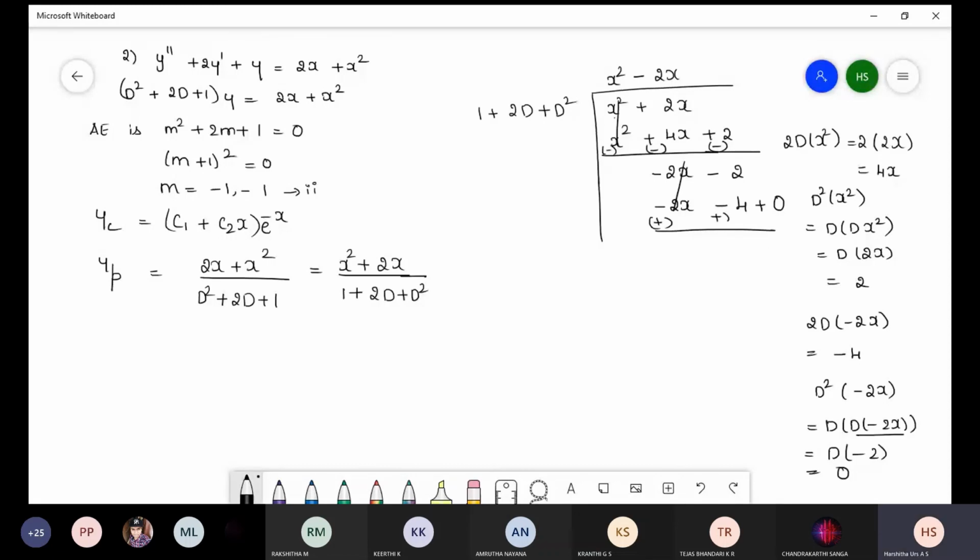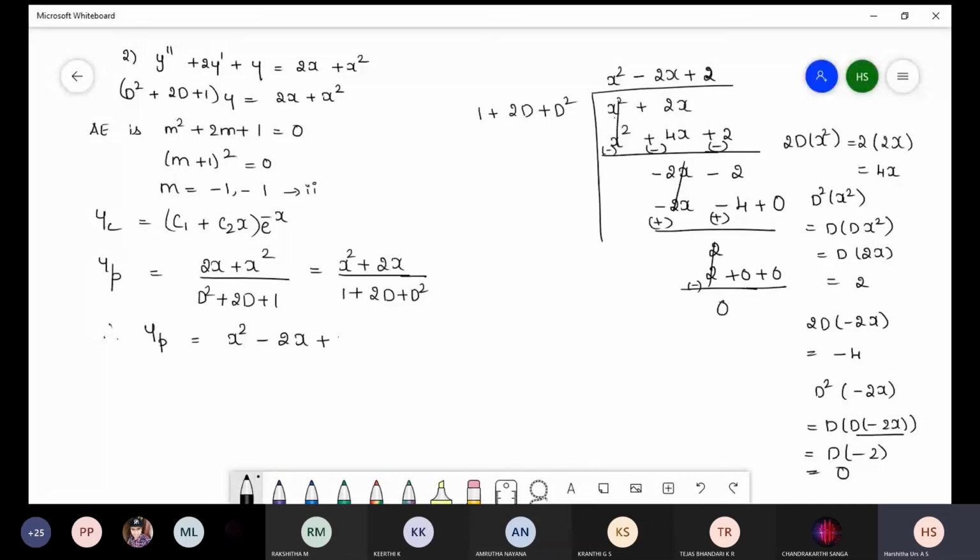Here 2. To get 2 here, I just multiply 2, because 2 into 1 is 2. Here change the sign, you get 0. Differentiation of the constant term is 0. Therefore, yp is equal to x square minus 2x plus 2.